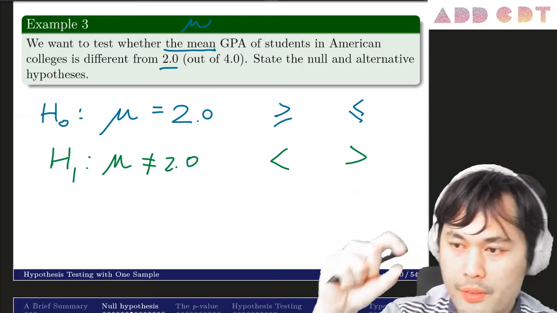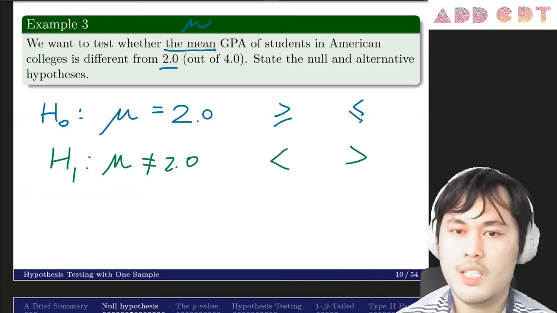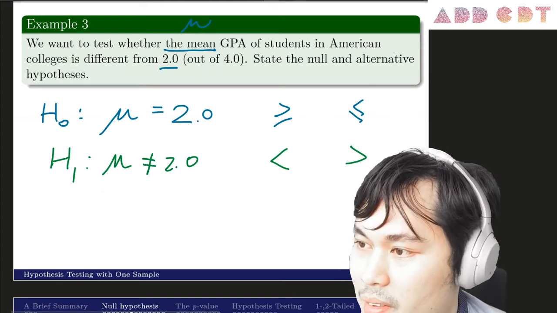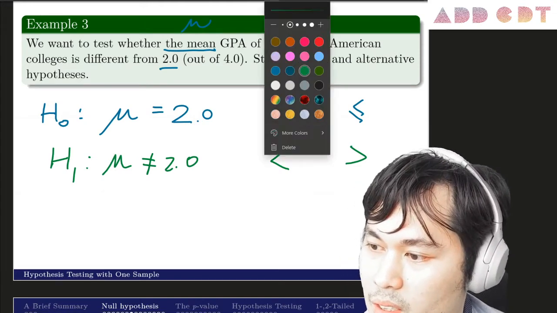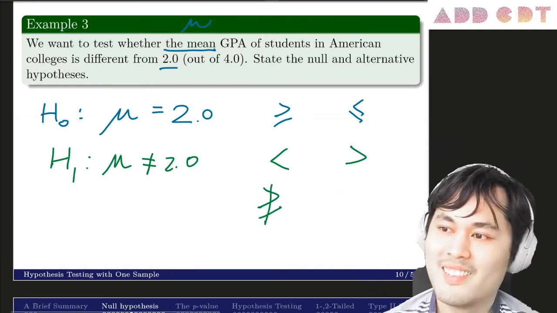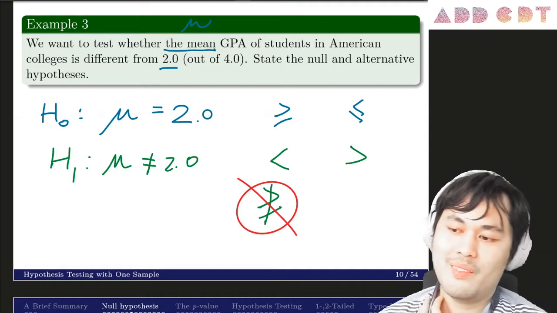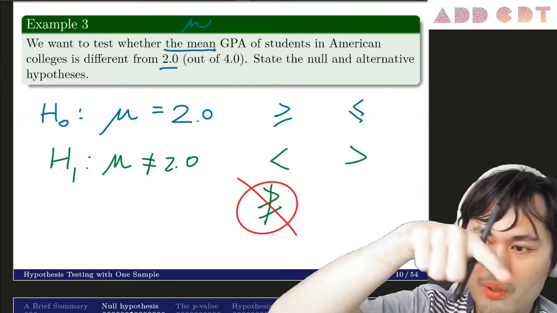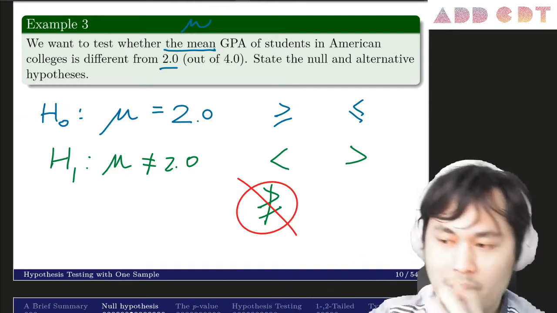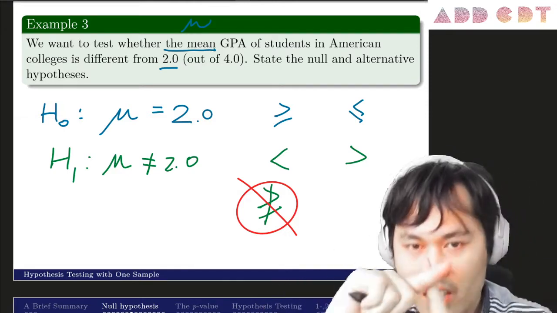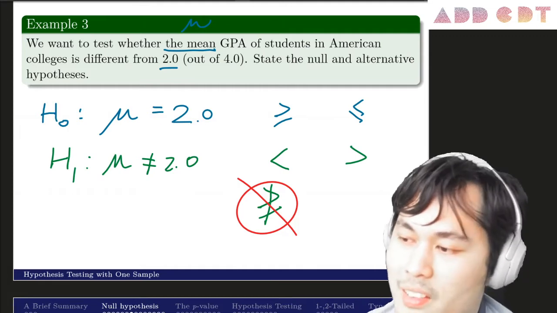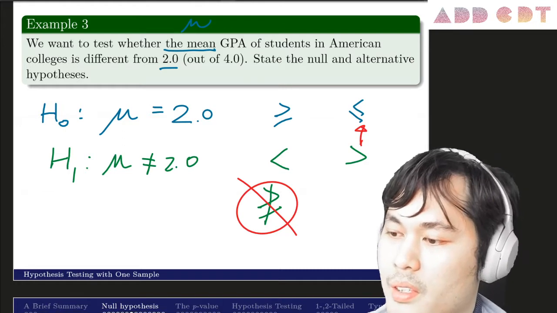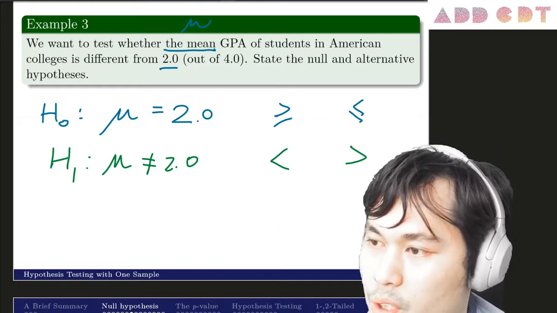But for the equal sign, the opposite is not equal. It's as simple as that. One thing to know is that, for some reason, there is no such notation. We have greater than, but we don't put not greater than. The opposite of that is actually less than or equals to. So that's somehow not intuitive.